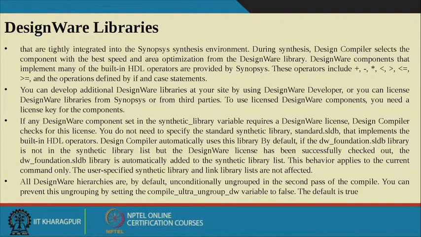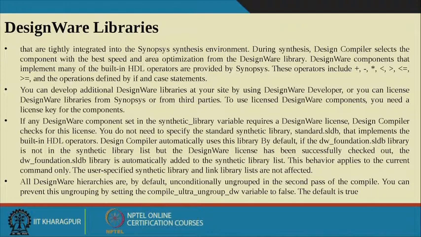So, whenever I use those operators in my HDL expression, it will automatically choose those components from the DesignWare libraries, which are fully optimized. That means the multipliers that are already used will be reused.